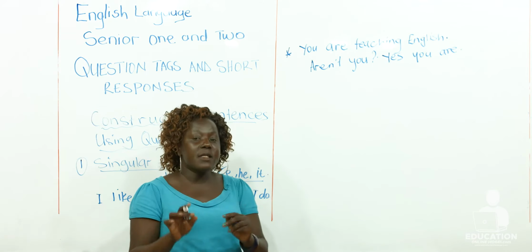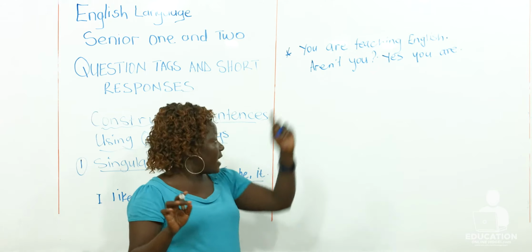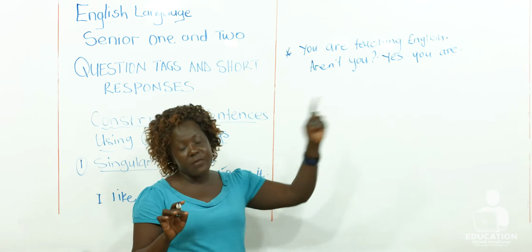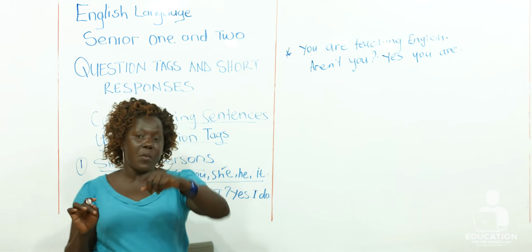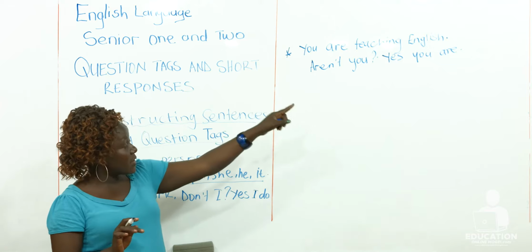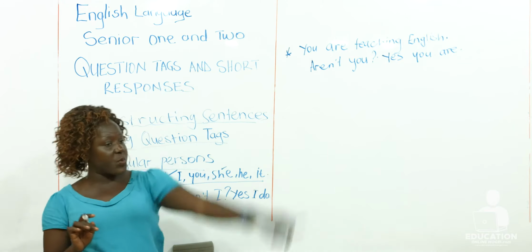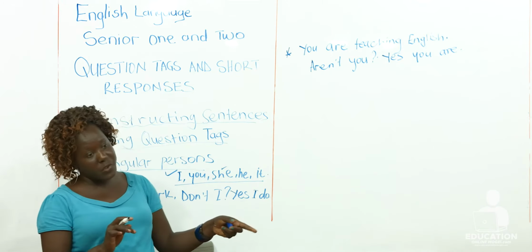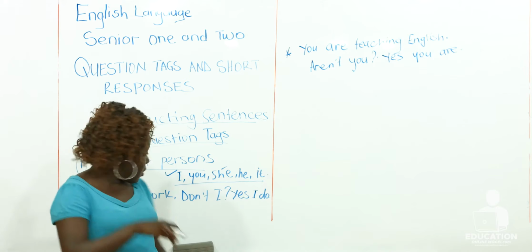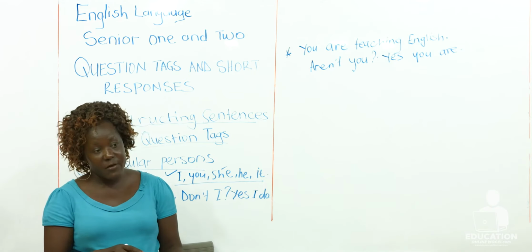This time let us get a negative statement and we see how we will transform it into a positive tag and a negative response. I like these two examples where all the statements are positive.